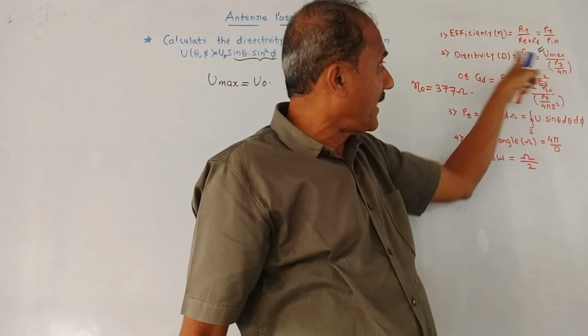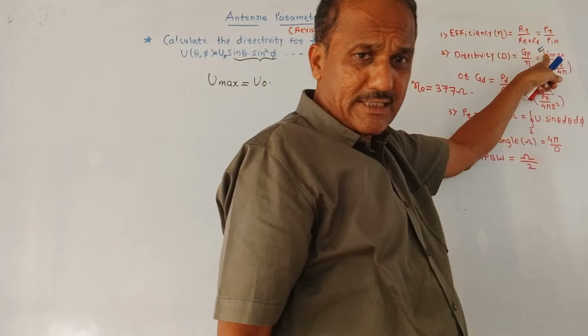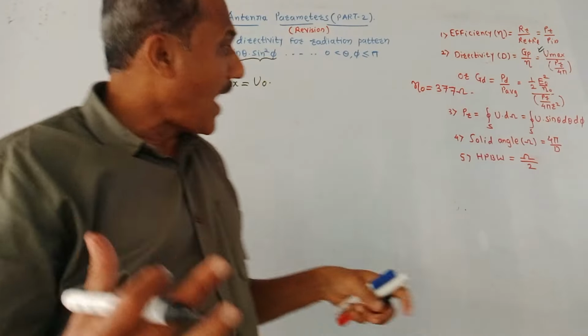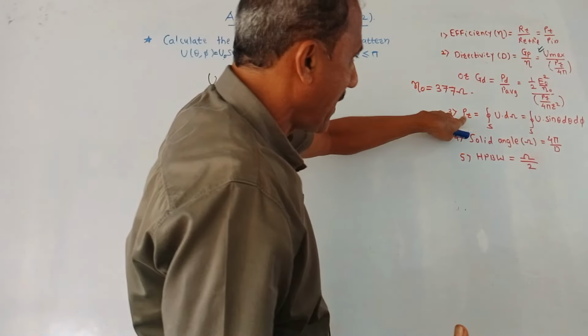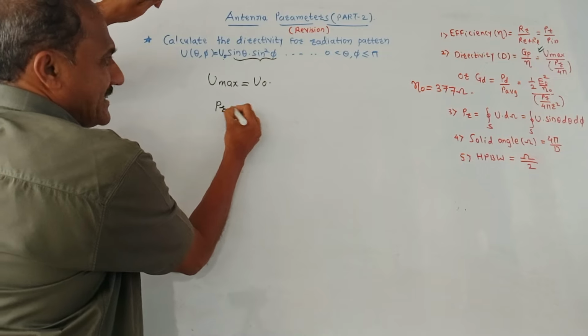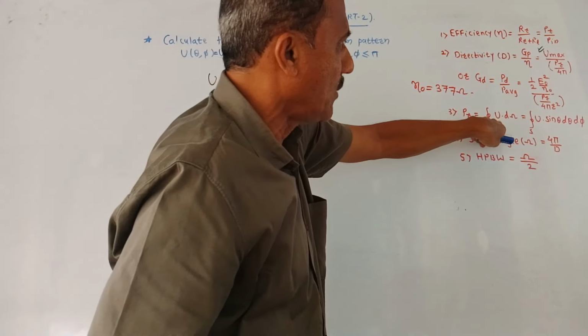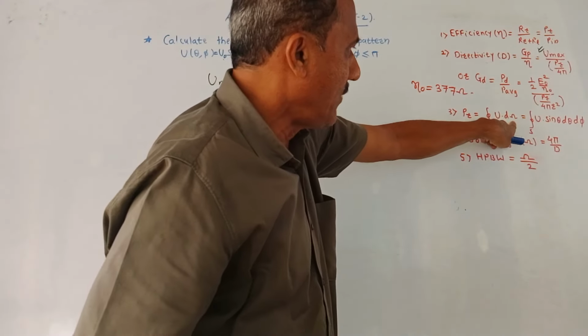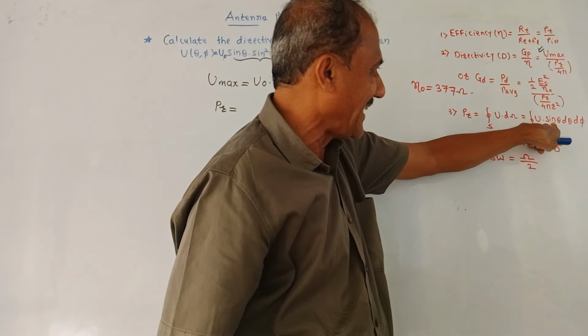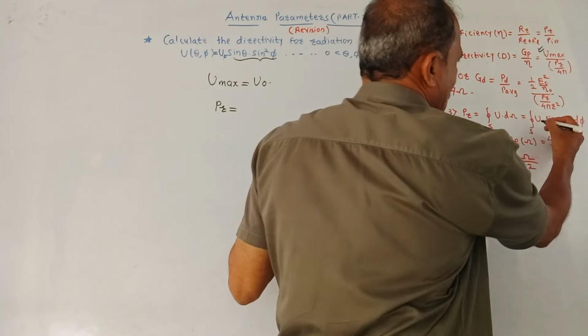Now look at the formula. I have to calculate directivity: U max, which I have just explained, divided by PR upon 4 pi. Now I need to calculate the value of PR using formula number 3. So PR is equal to the surface integration of U into d omega, where d omega is sine theta d theta d phi.